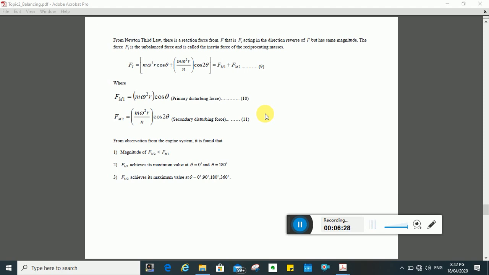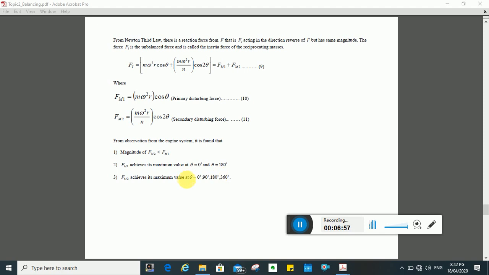Okay. So the primary unbalanced force is maximum when? When theta is equal to 0 and 180 degrees. When theta is 0 or 180 degrees, cos theta will give a value of 1. So that is the maximum value for the primary disturbing force.